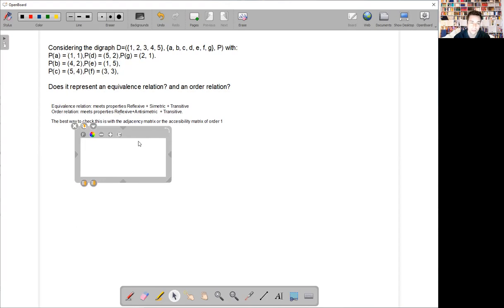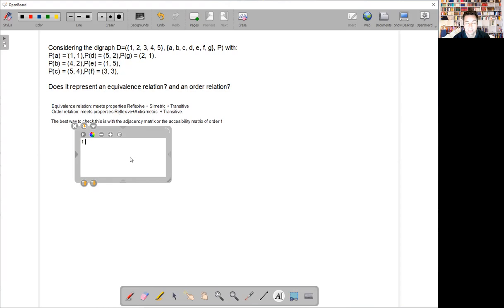So if we start by the first position of the matrix, we can see how the first vertex is accessible from the first vertex, right? This application says that the vertex 1 is accessible from 1, right? Because we have the loop A there. So we put a 1 in the first position of the matrix.